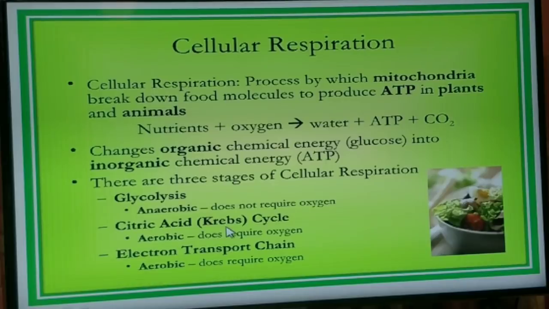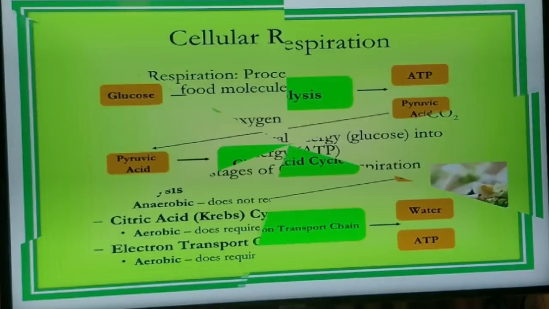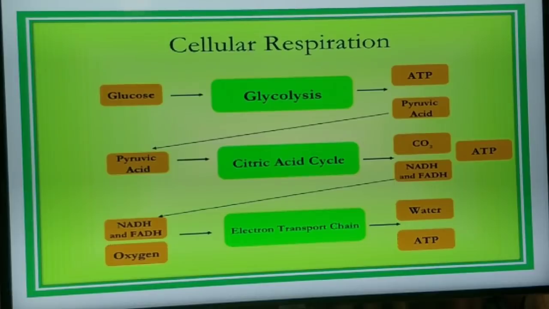Citric acid or Krebs cycle is aerobic, which requires oxygen. And electron transport chain is aerobic, which requires oxygen. These are the three steps which are included in cellular respiration: glycolysis, citric acid cycle, and electron transport chain.